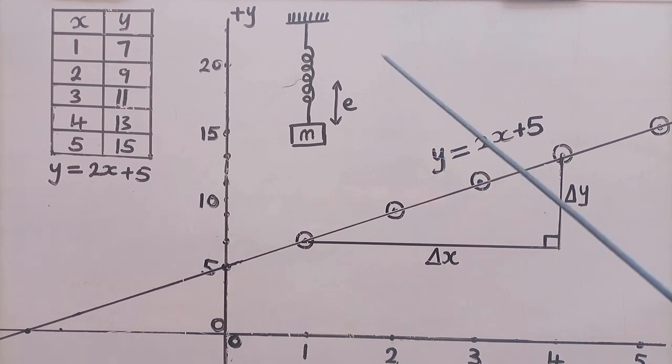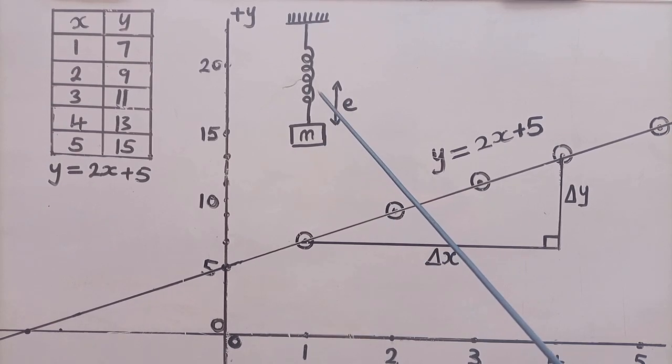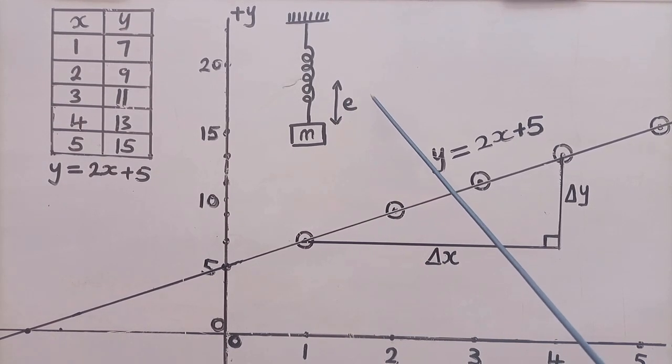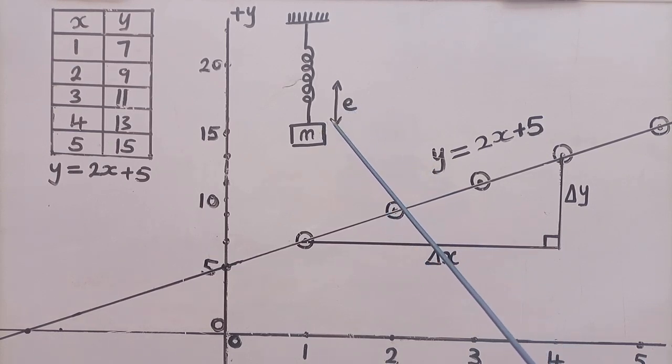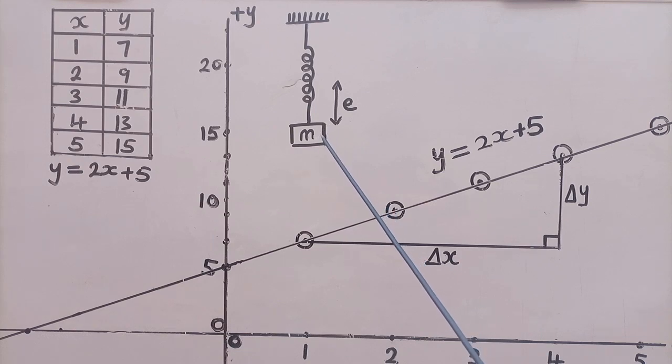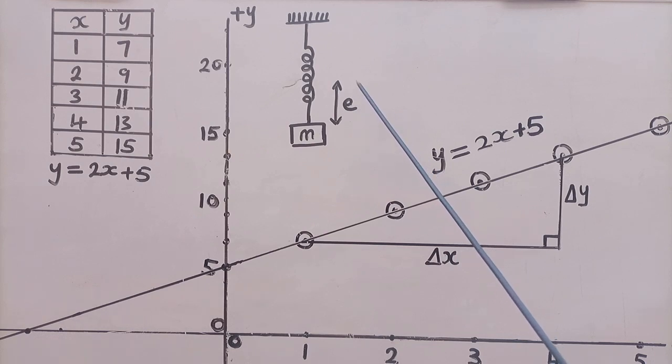Now, the value of this mass at which it begins to produce extension is what we refer to as intercept. The intercept for the mass means a particular value of the mass which it attains before it begins to vary with extension.